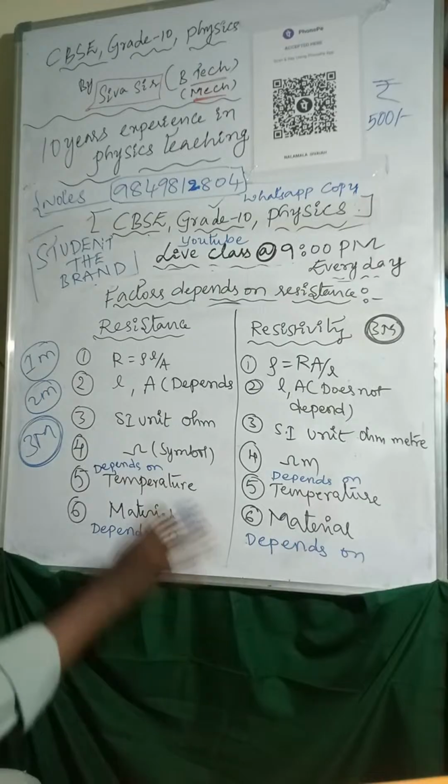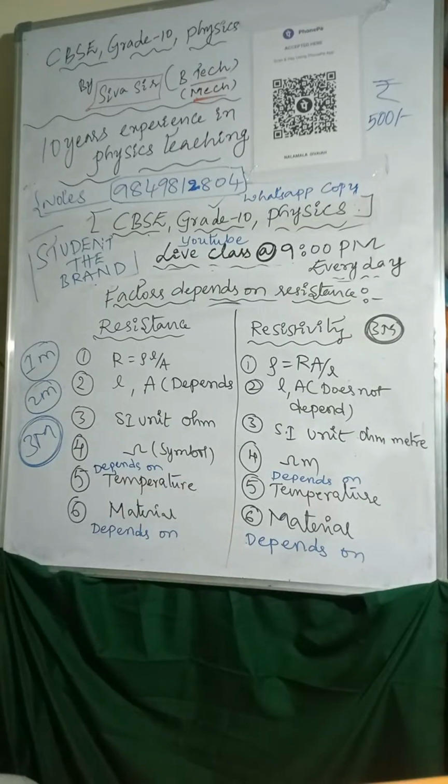All points are given, so make a note of it and try to note down. This is about the factors, not the difference between resistance and resistivity.